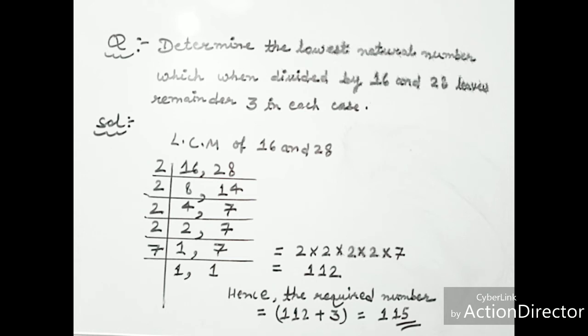So if we divide 115 by 16 and 28, these both numbers leave remainder 3.